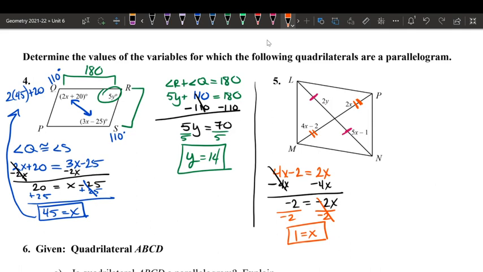All right, so if x equals 1, now that I know what x is, I can take it and put it into the other diagonal where the x is. So this is 5 times 1 minus 1. 5 times 1 is 5. 5 minus 1 is 4. So I know this whole side over here is 4.